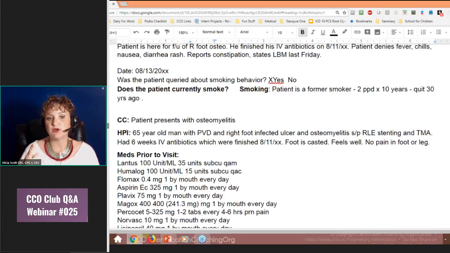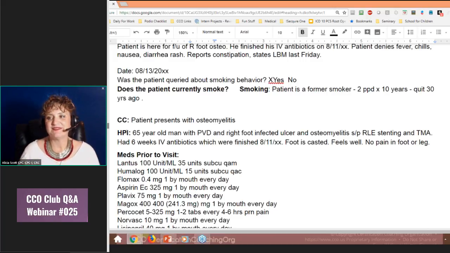So what have we got so far? To reiterate, we have a smoker, we have PVD, we have a right foot ulcer, we have osteomyelitis, and we've got a TMA. Does anybody else know what TMA means yet? I'm not seeing anybody that's got TMA. Let's go down a little bit more.